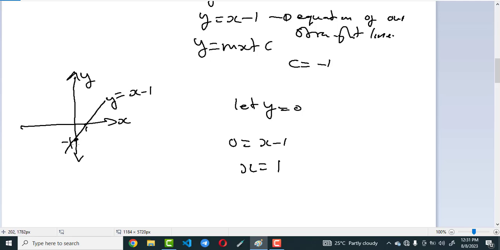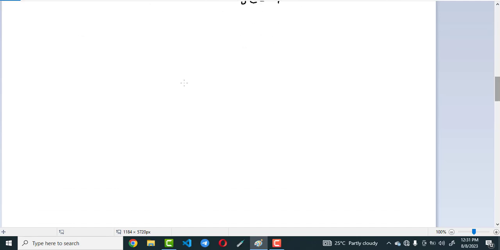So this line depicts a linear graph. In machine learning, we'll be using this often. In most cases you have a graph like this, with the y-axis, the x-axis, and a line passing through.